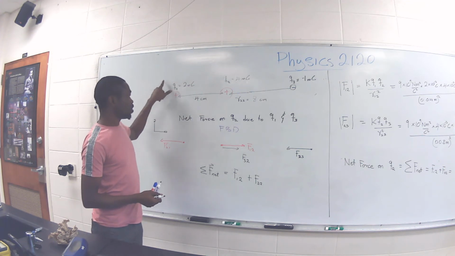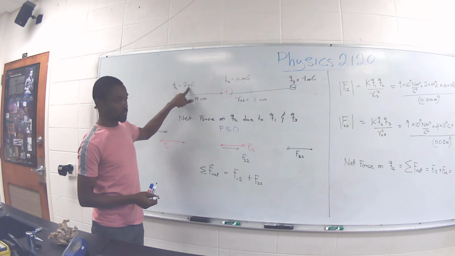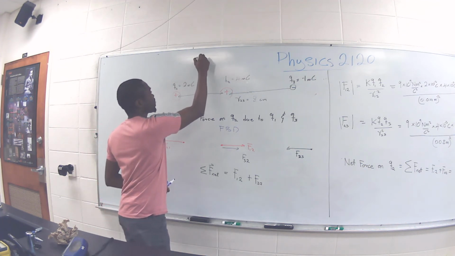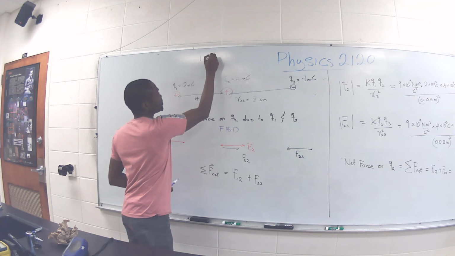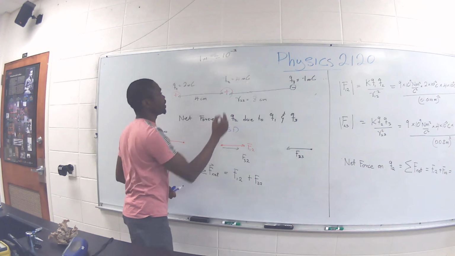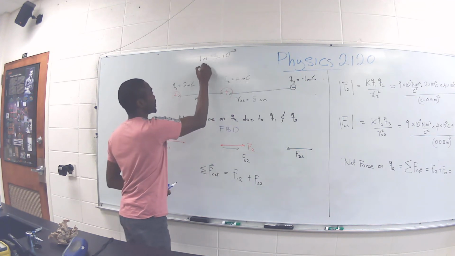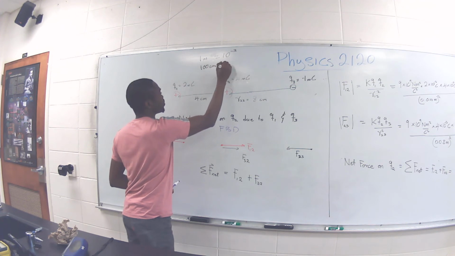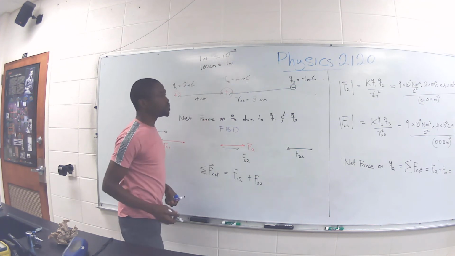The charge is in millicoulomb, so we will change that into coulomb. We know that 1 milli is the same as 10 to the power minus 3, and 100 centimeters is the same as 1 meter.